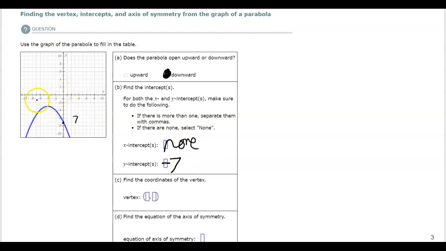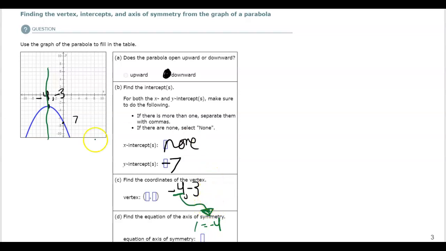The vertex is -4, -3. And with that, our axis of symmetry, it's not really straight, but where we would be able to cut it in half is at x equals -4, which we got from our vertex.